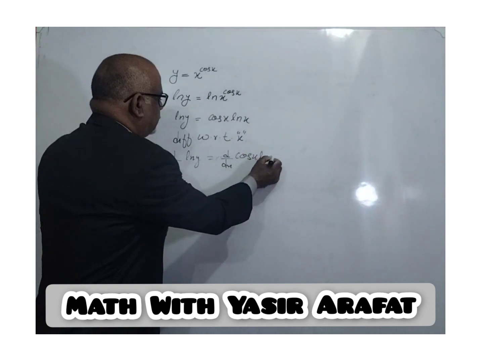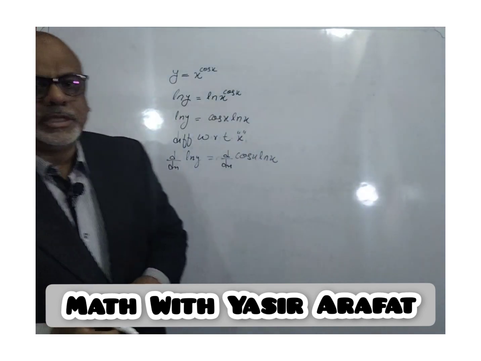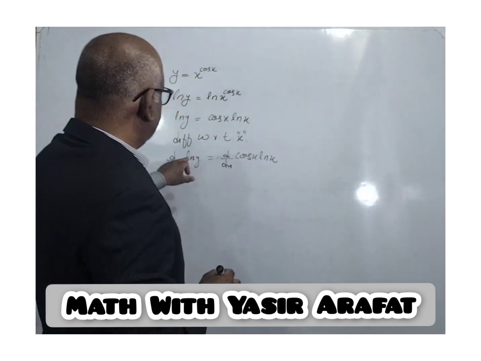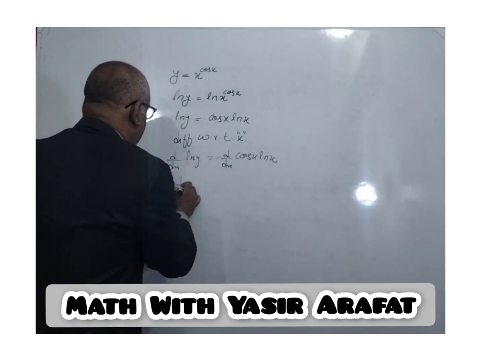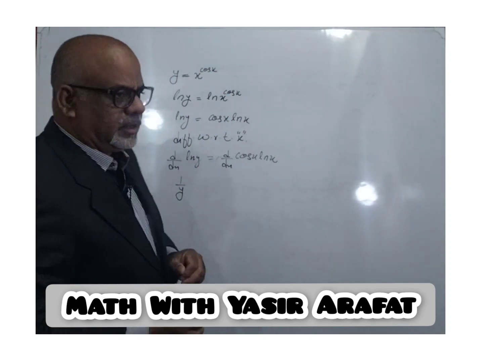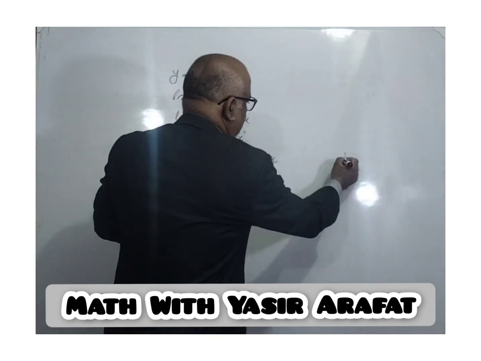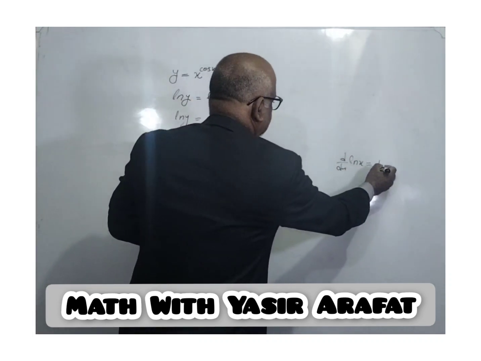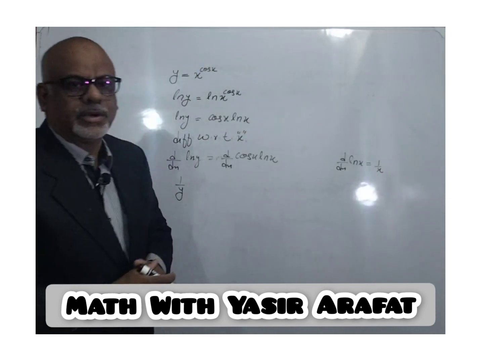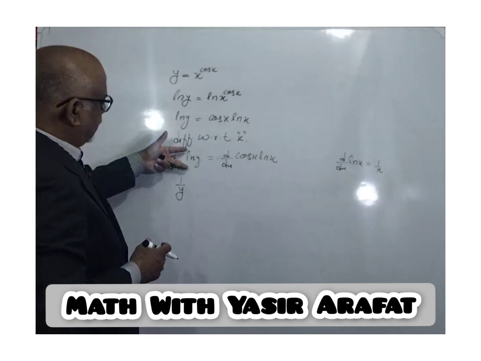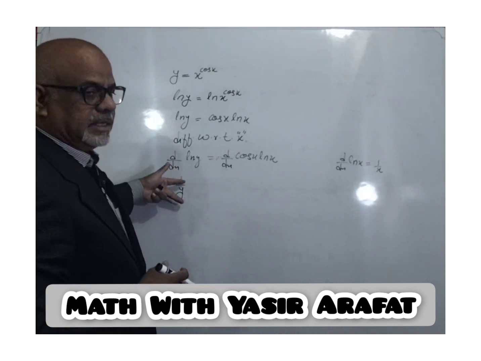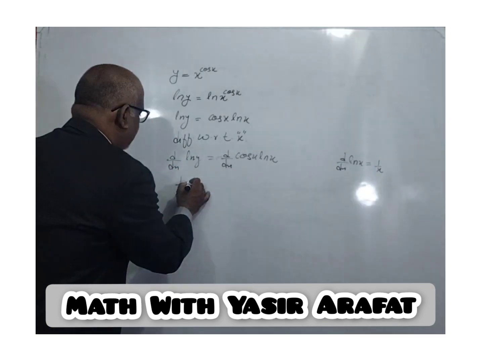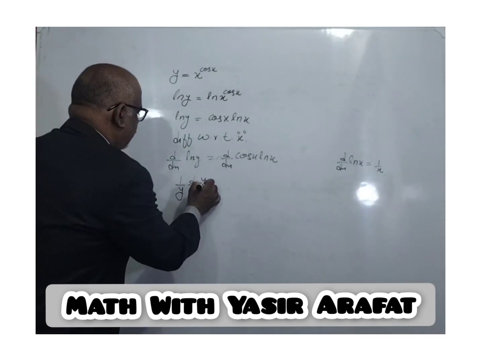Here the derivative of ln y is 1 upon y, because we have a formula that the derivative of ln x is equal to 1 upon x. So the derivative of ln y is 1 upon y, and then we have to find out the derivative of y.